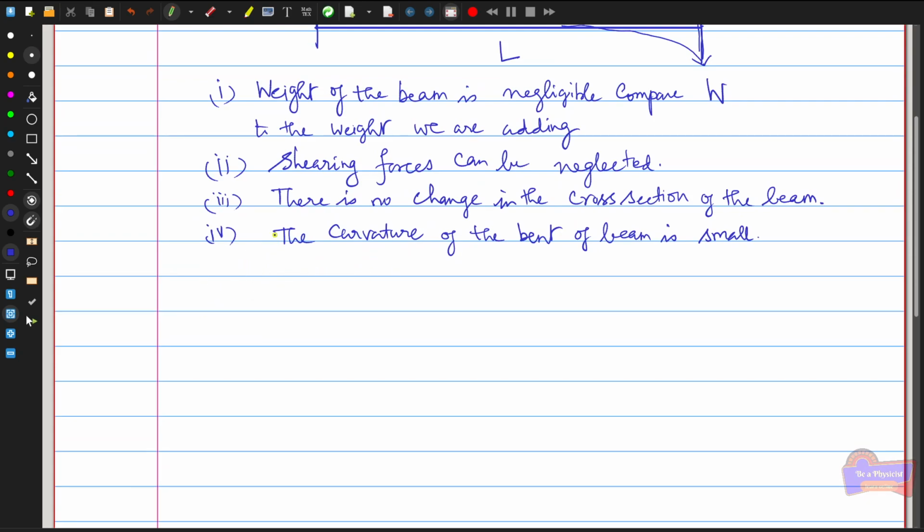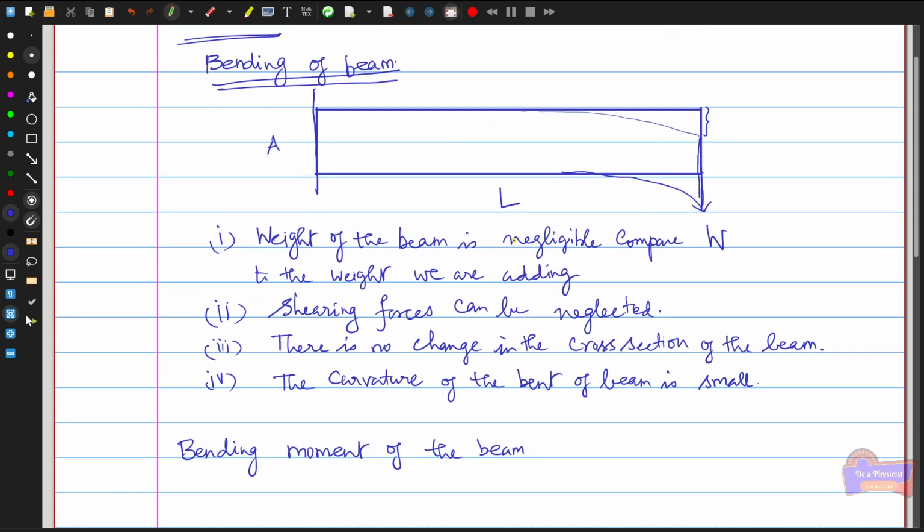First we are going to find out the bending moment of the beam and the corresponding expression for the bending moment. To study this, we consider the same rod and apply a weight on it so that bending happens.